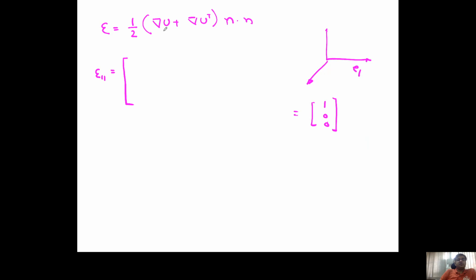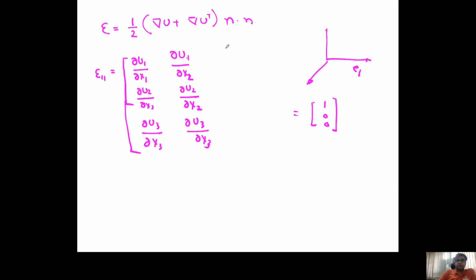So what is gradient of u? Gradient of u is del u1 by del x1, del u2 by del x2, del u3 by del x3; del u1 by del x1, del u2 by del x2, del u3 by del x3.